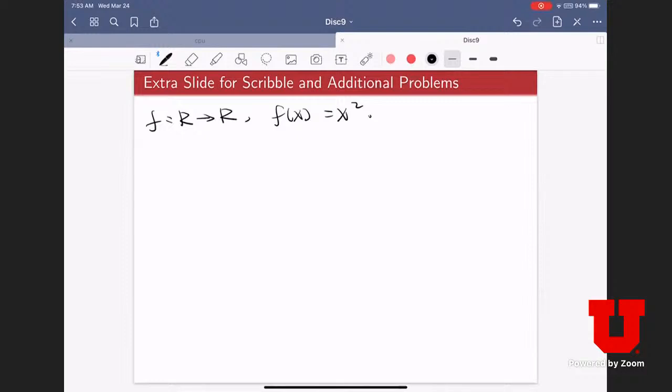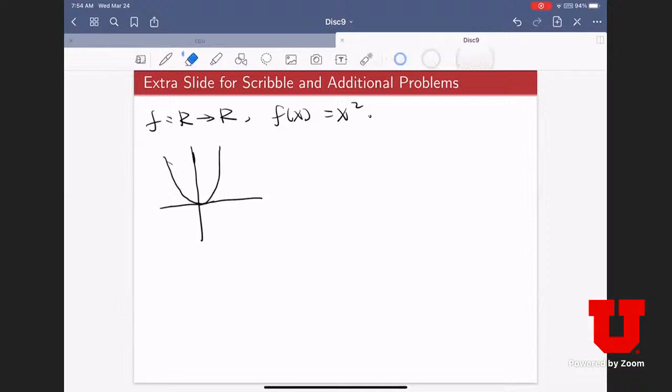So if f is 1-to-1, that means every element in the domain maps to a unique element in the codomain. We can actually draw the graph of x squared.